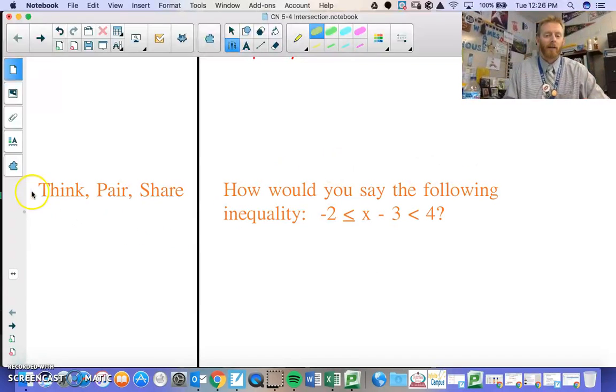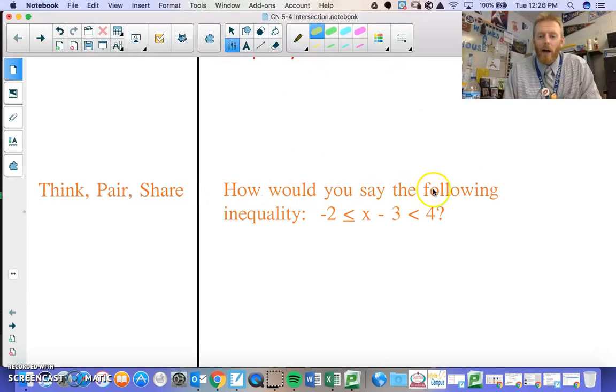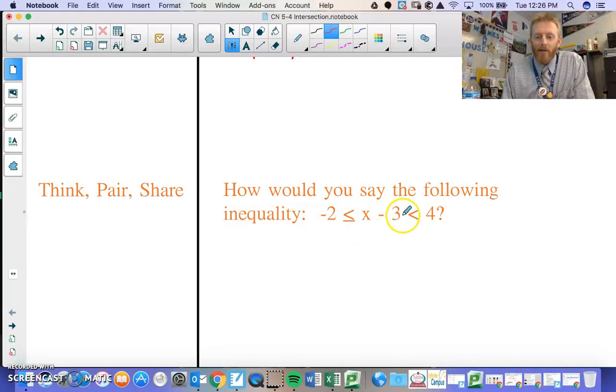So the biggest idea here, now obviously since you guys are not able to do this right now, you can't think it, pair it, and share it, I'll just tell you how this works out. So how would you say the following inequalities? What you're going to do is look at the part in the middle where the x minus 3, where our variable is, and read this inequality from the perspective of where the x is. So you're going to say x minus 3 is greater than or equal to a negative 2.